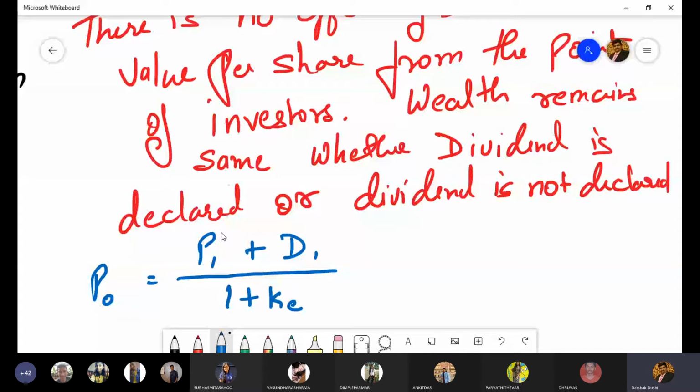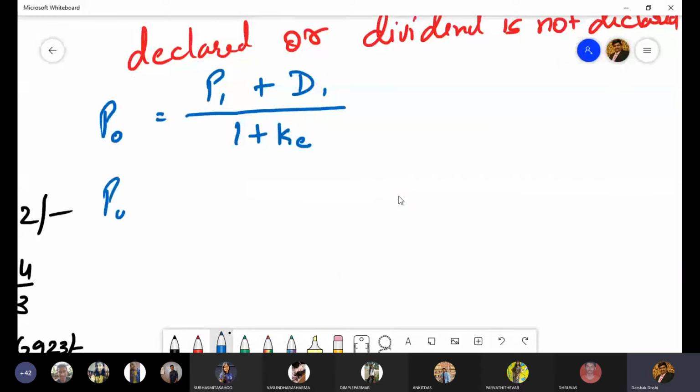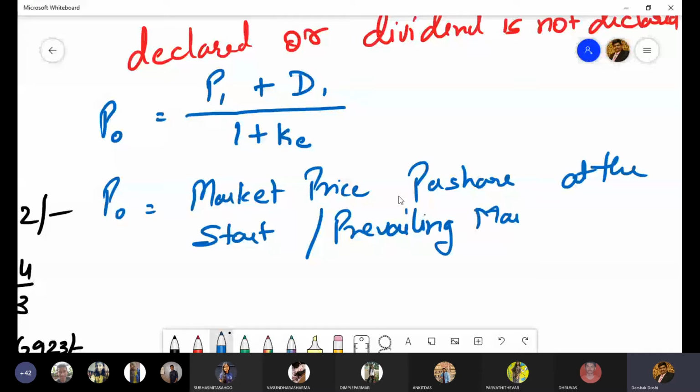P0 is the market price per share at the start, or prevailing market price. P1 is the market price per share at the end of period.